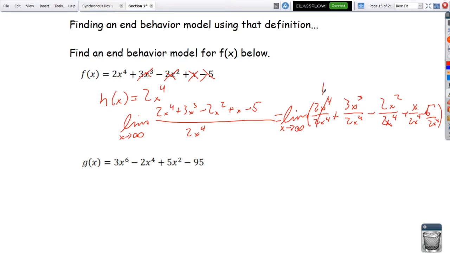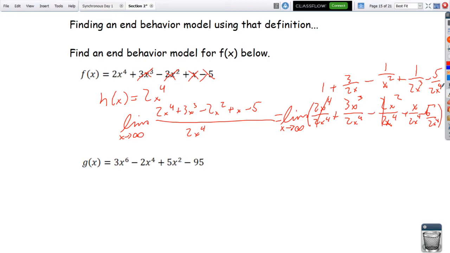This one becomes 1. Right here, we end up with 3 over 2x, minus, 2's cancel out, 1 over x squared plus 1 over 2x cubed minus 5 over 2x to the fourth.